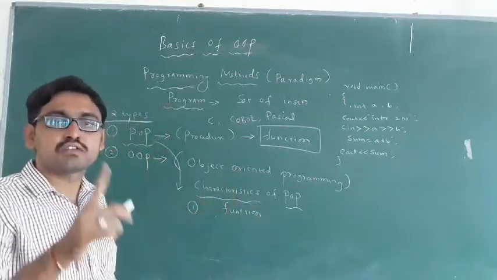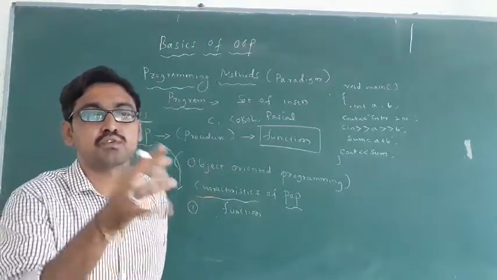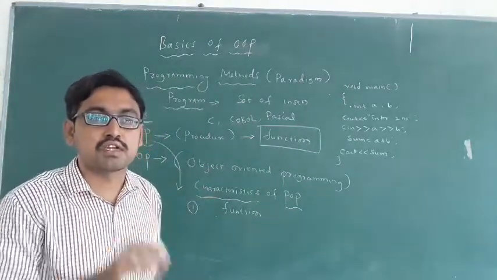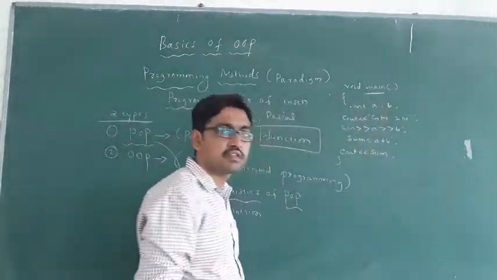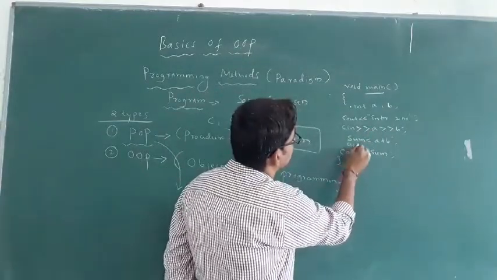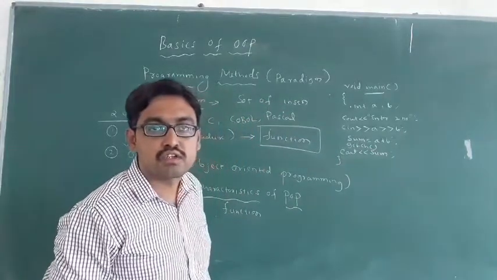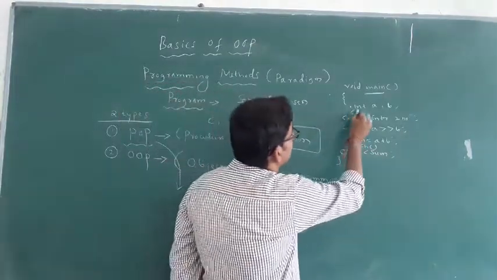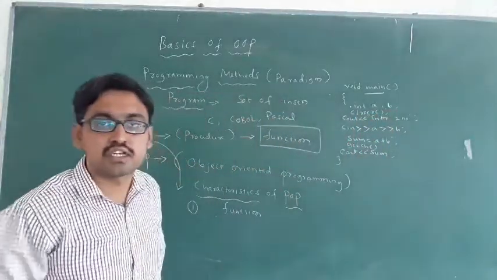It focuses on functions. If you see a procedure oriented programming language, what do you see? You see functions. For example, in a program I use getch, that is a function. Also clrscr, that is also one function.